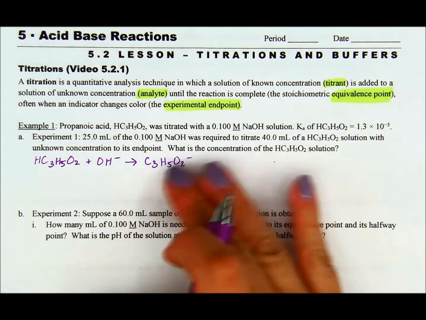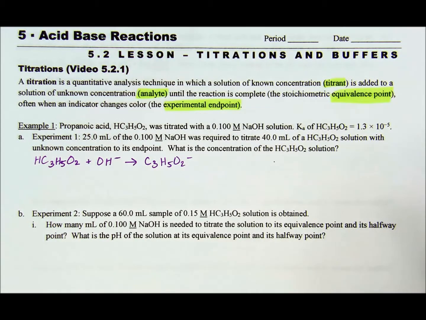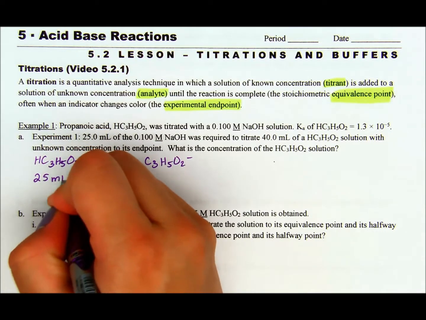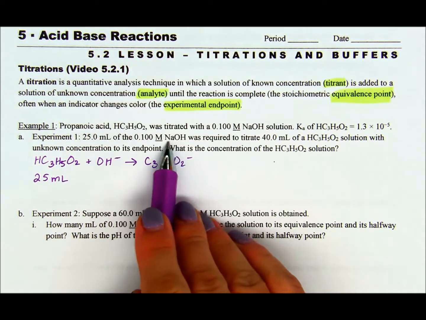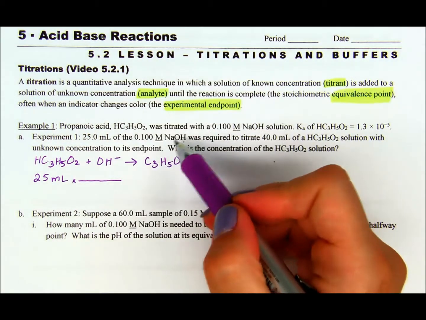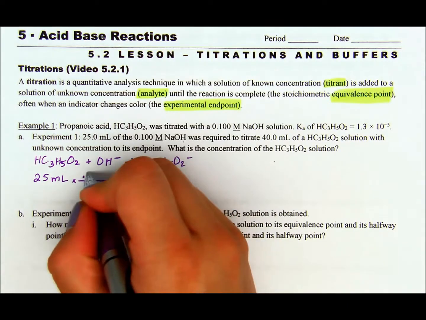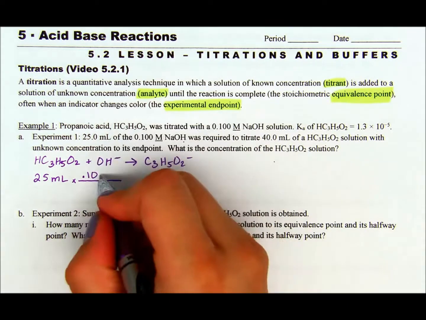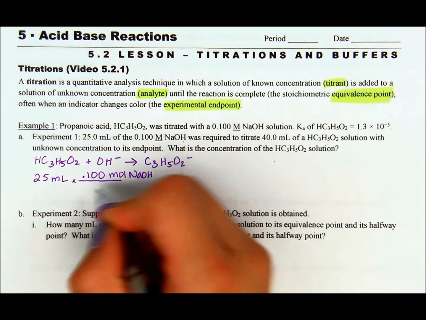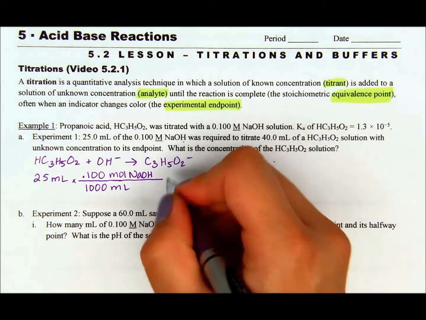Okay, so this whole thing of going to the equivalence point is going to be stoichiometry. So if we have 25 milliliters of our sodium hydroxide, I'm going to go ahead and convert and get the moles of sodium hydroxide first. So I know my molarity is 0.100 mole NaOH over 1,000 milliliters.